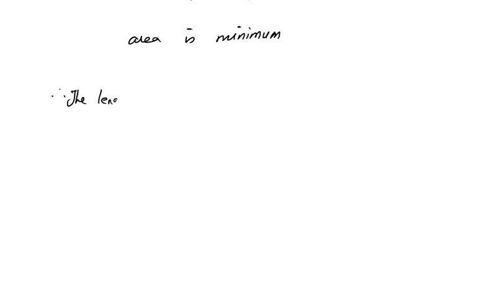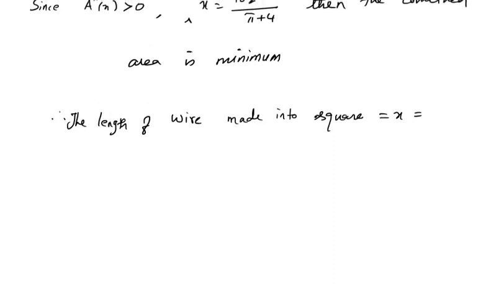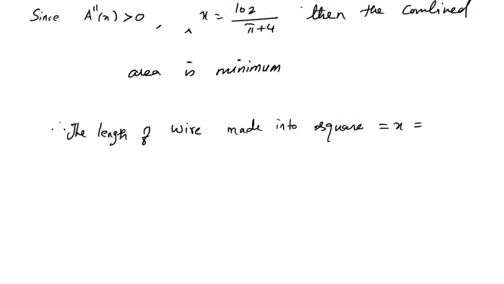The length of the wire made into the square is what we have assumed as x. Here I got x equal to 102 by pi plus 4 meters.